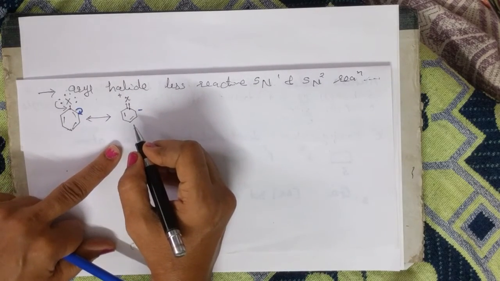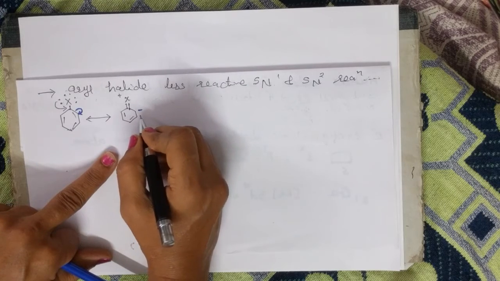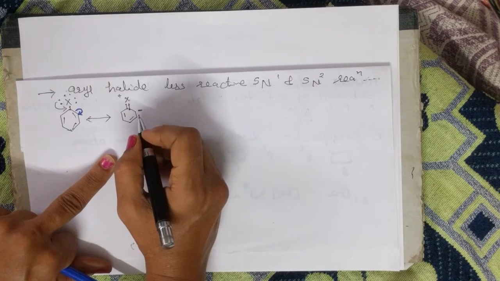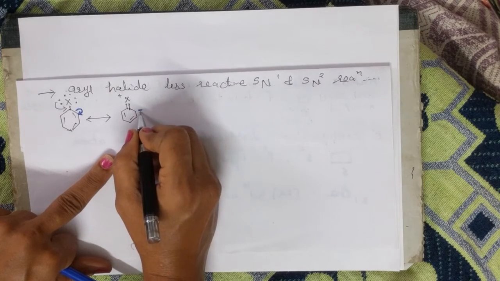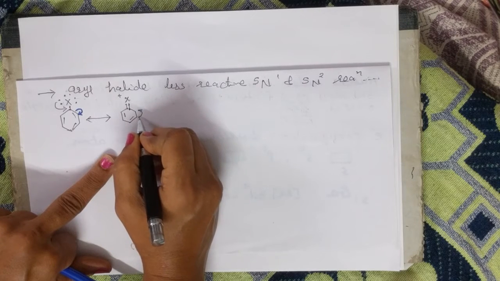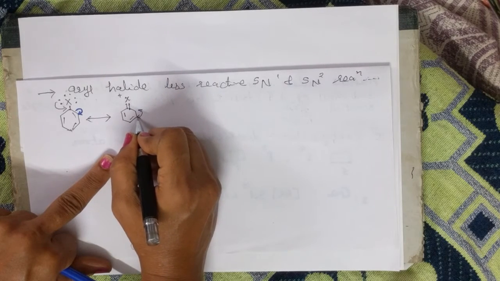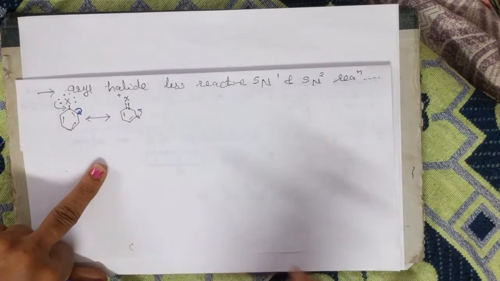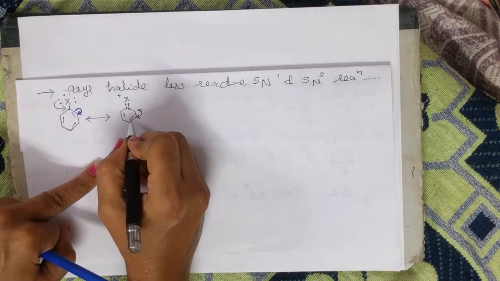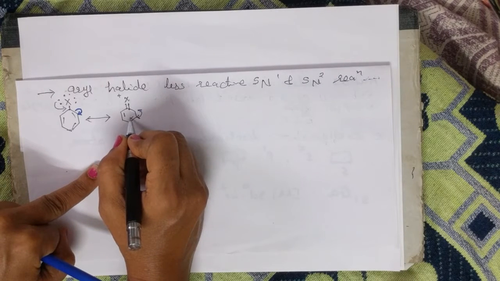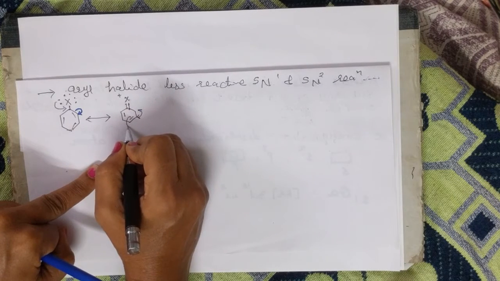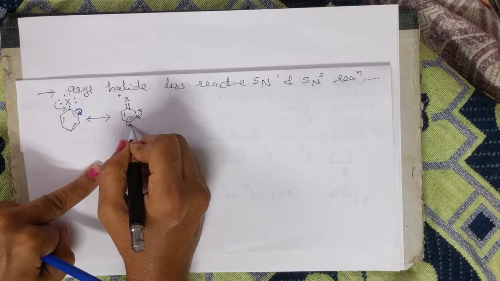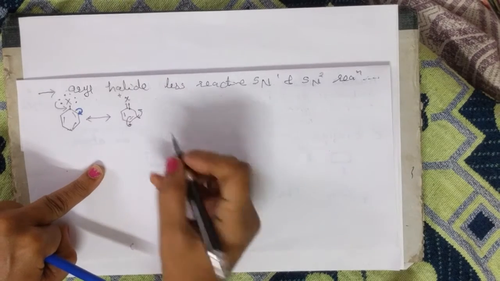Now student, this negative charge tries to acquire the position over here. The bond which is here will acquire the negative charge on this para position.